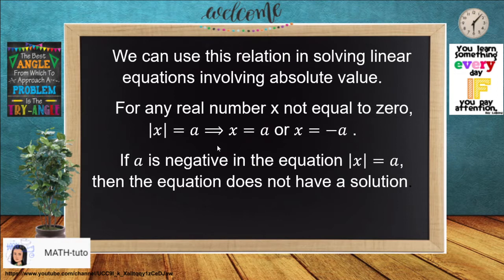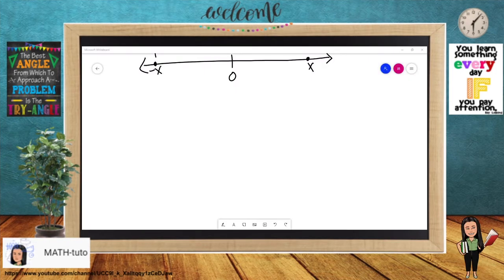Zero has no sign. So, for any absolute value, there would always be two possible answers, unless the number is equal to 0, which means there is only one answer, which is 0. Or if it is negative, then we don't have any solution. Okay, let us try to solve some equations involving absolute value and applying this relation.